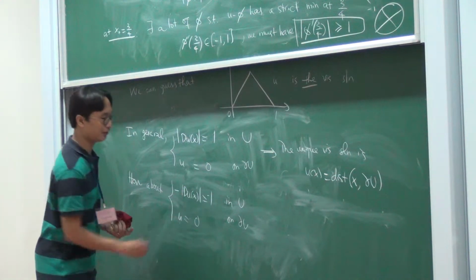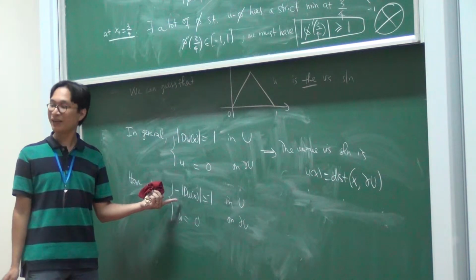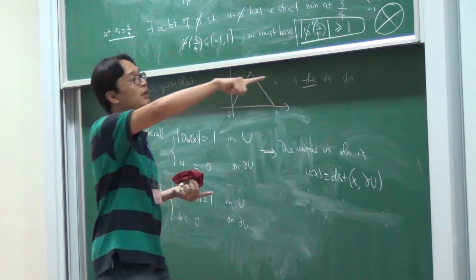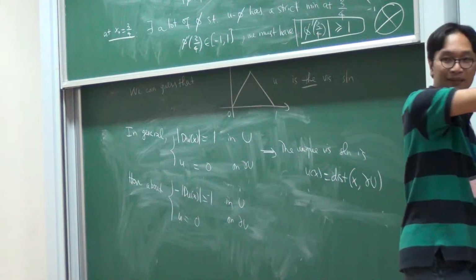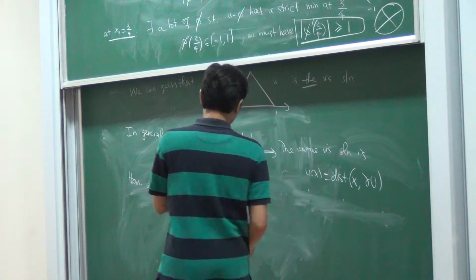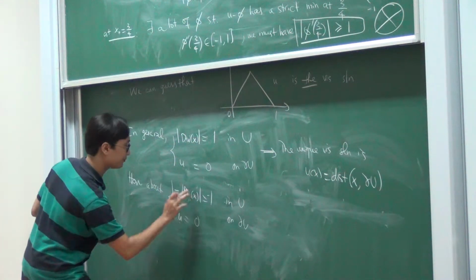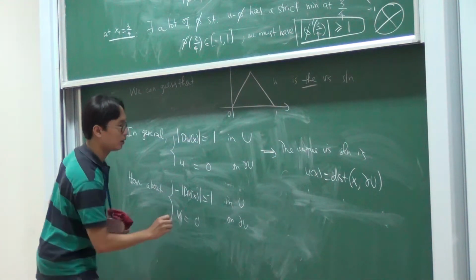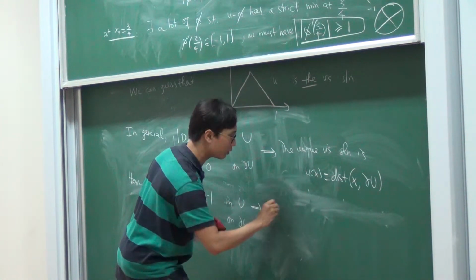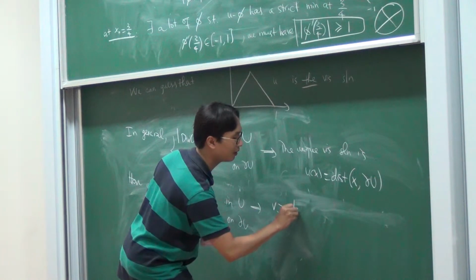Because of the max and min thing, if you switch the sign, it's completely switched. Then the unique viscosity solution now is not this one, it's the minus sign.